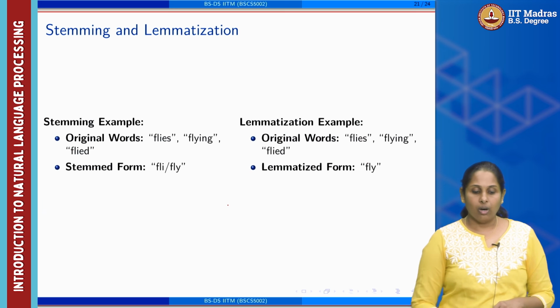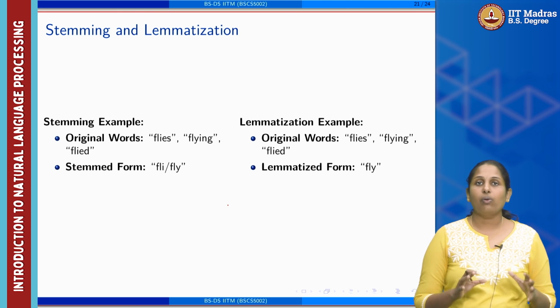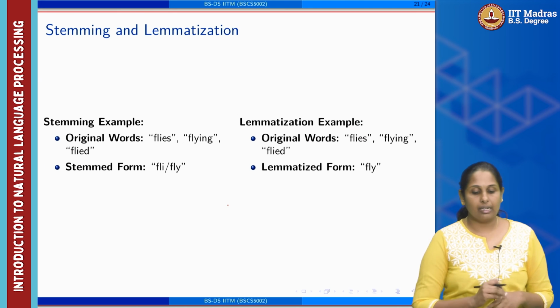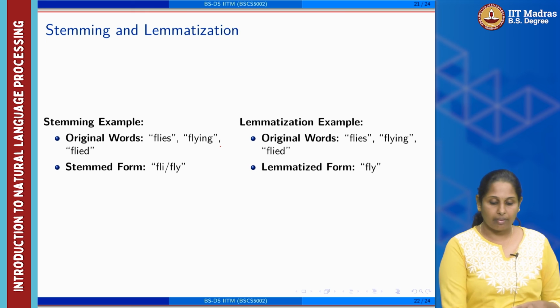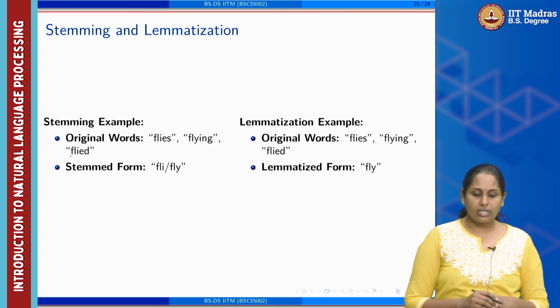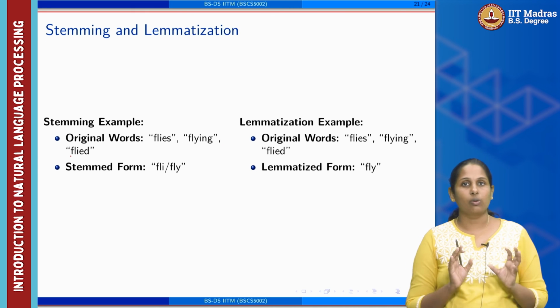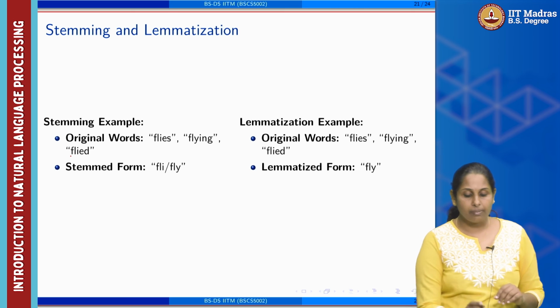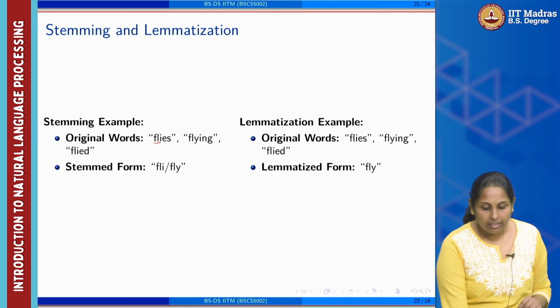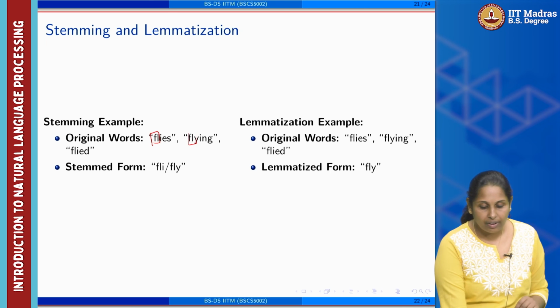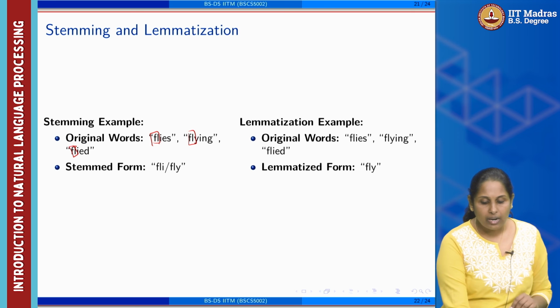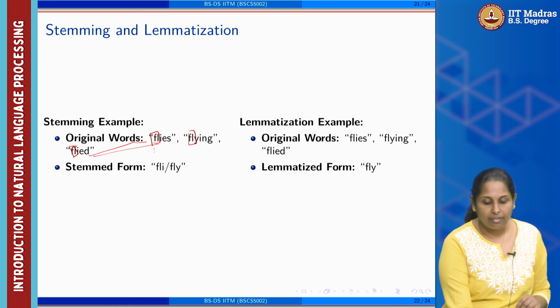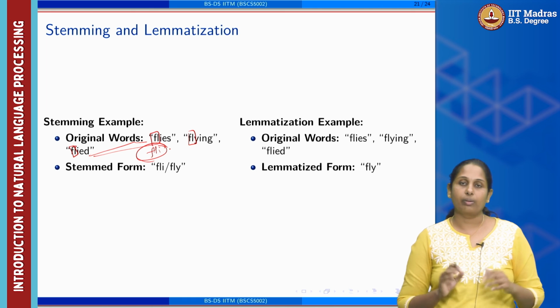Okay. Now, the examples: when we have a set of words in English like flies, flying and flight, if you pattern match them, the common letters are FL, FL and FL, right. And within these two words FLI is the common representation.